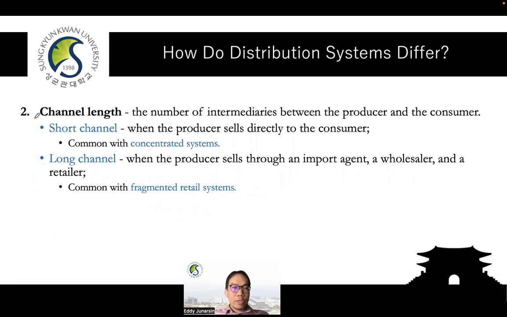We have short and long. Right? Short channel means you can imagine the distance between the producer and consumers is shorter. This is found to be more common with the concentrated system, right?